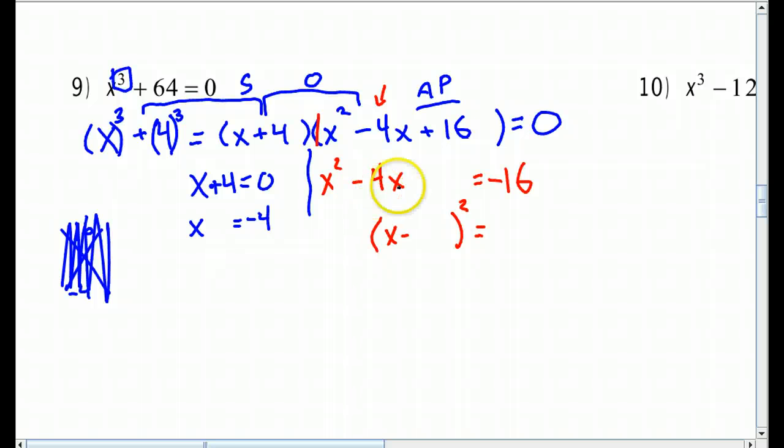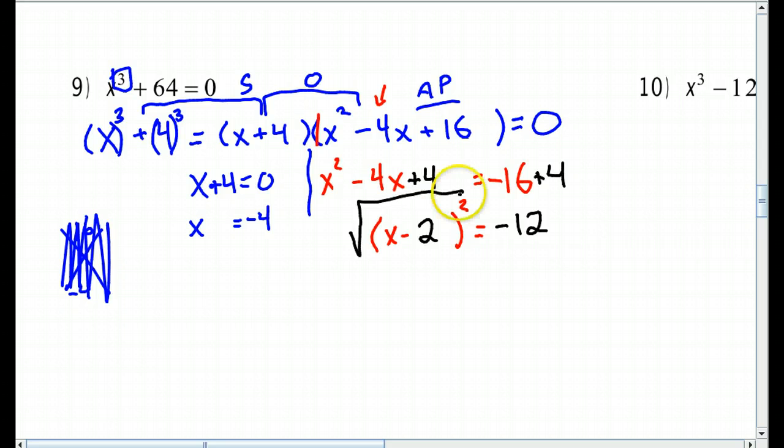Okay, half of -4, square it, both sides. And we get here -12. Which means what? What kind of roots do we have? Yeah, these are going to be imaginary or complex. They'll probably be complex.